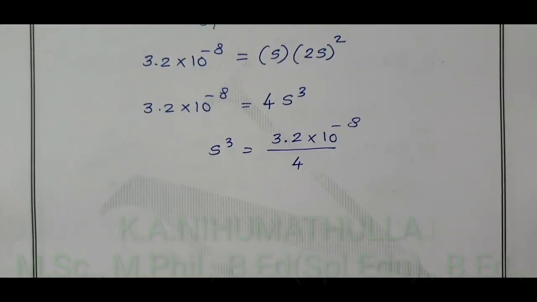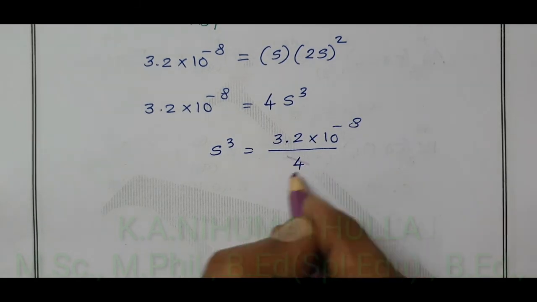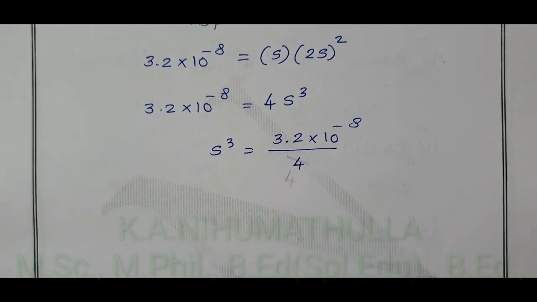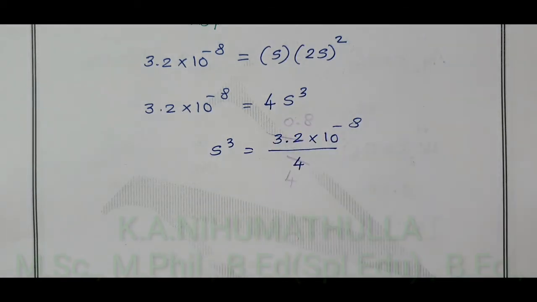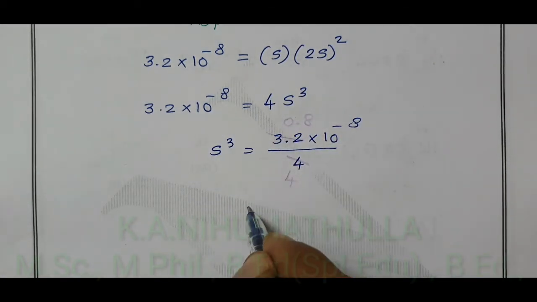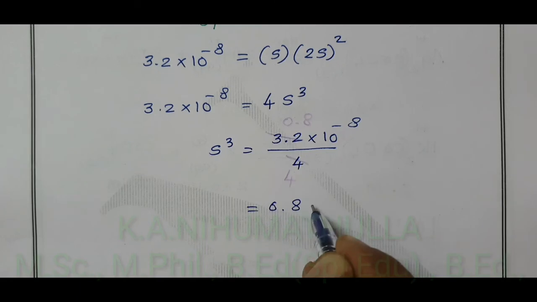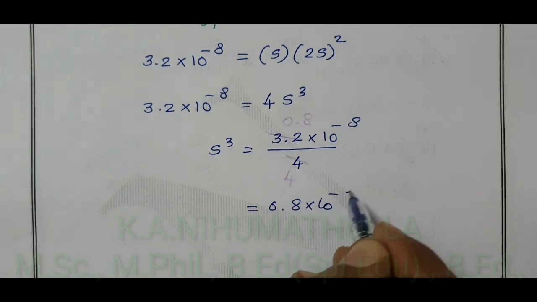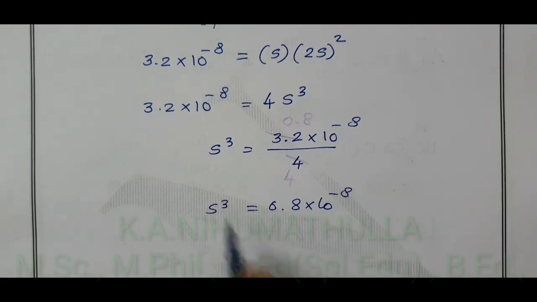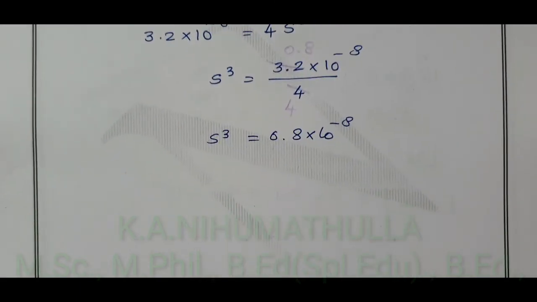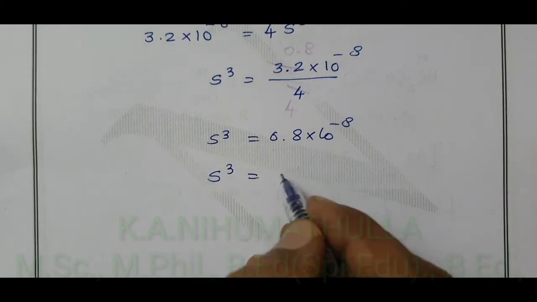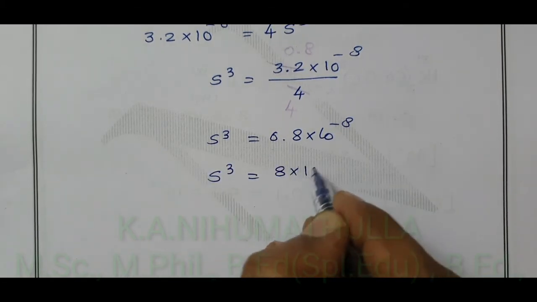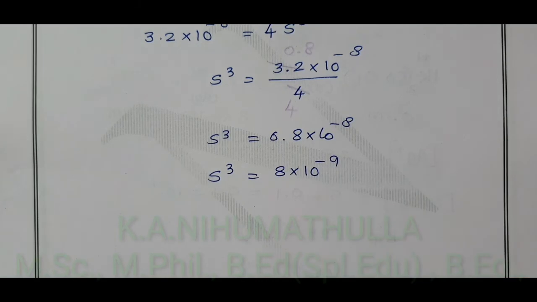When we cancel these two, 1 4 is 4. How many 4s are 3.2? 0.8, 4s are 3.2. That is equal to 0.8 into 10 power minus 8 is S cube. To calculate S, now convert this 0.8 into whole number. So 8 into 10 power minus 9.